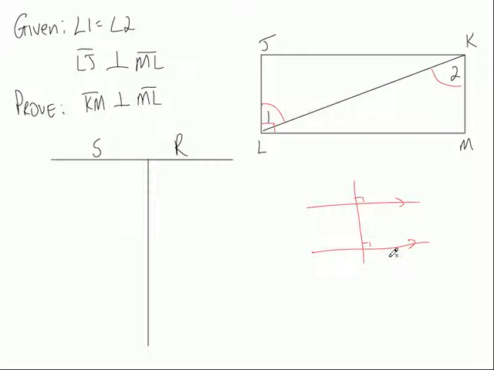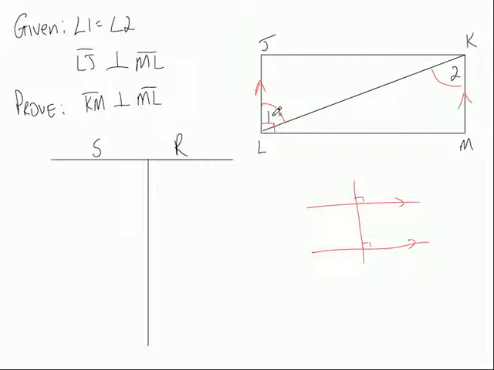So what did that say? It said that I had 2 parallel lines. I have to have 2 parallel lines first. In this picture and in the given, do they tell me that these lines are parallel? No, they don't. But they do tell me that 1 and 2 are equal. See what they're doing with you here? So if angle 1 is equal to angle 2, tell me something about this line right here and this line right here. That's right, not perpendicular. Parallel. So JL must be parallel to KM.